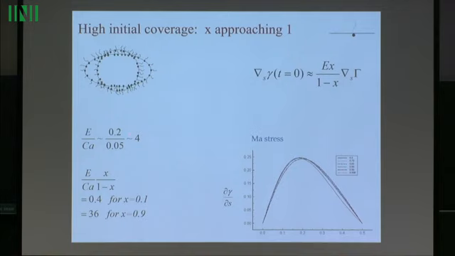This prefactor, which is how sensitive am I to tension, normalized by now my viscous stresses, is order 1. And this factor goes for x of 0.1 from 0.4 to 36. So we're increasing this coupling by orders of magnitude by changing the surface coverage. And you can go to higher surface coverages clearly and get this to be higher.